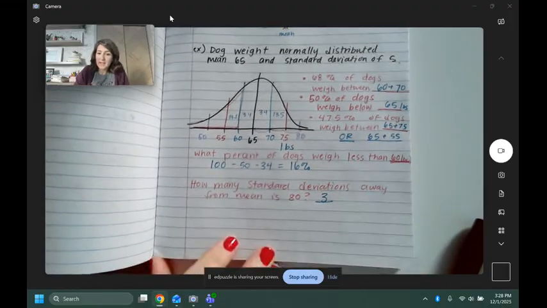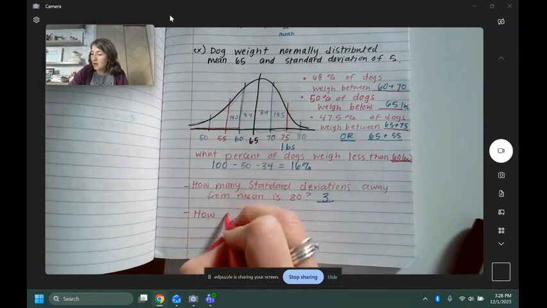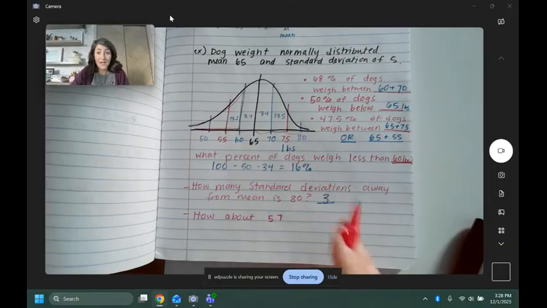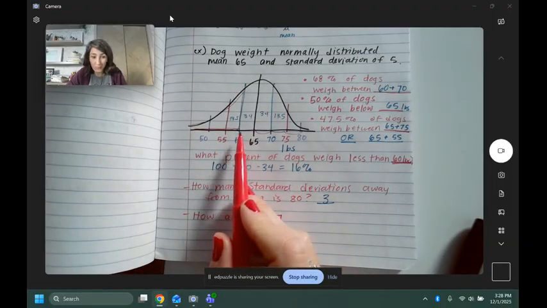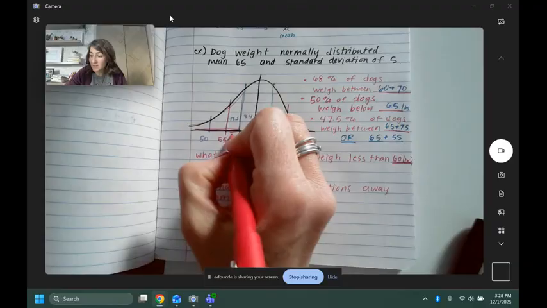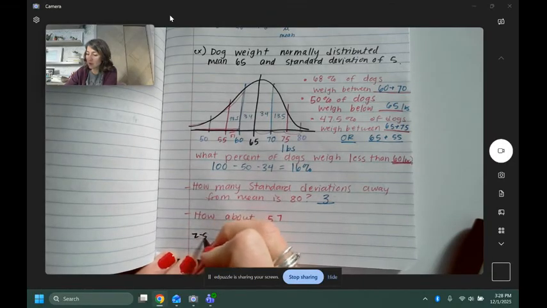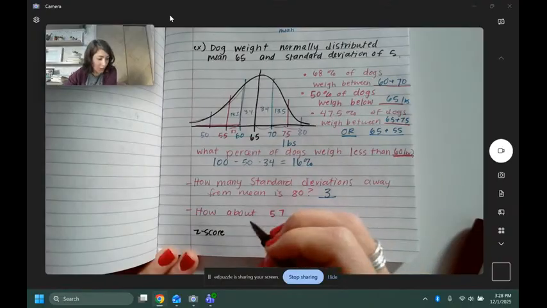Well, let's say I said the same question, how about 57? So that's not on this chart, but it's going to be more than -1, less than -2, right? It's going to be somewhere in here, 57. So what we're going to do is called a z-score. A z-score is how many standard deviations from the mean you are.